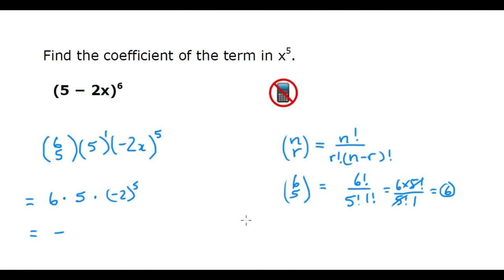So we're going to have to figure out what 32 times 6 times 5 is. 6 times 5 is 30, which is just 32 times 3 with an extra 0 on it, so that will be 960. And there's our coefficient, and be aware that it is a negative coefficient because we have an odd number of minus 2's here.